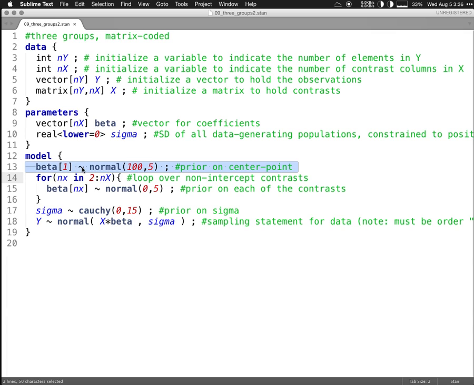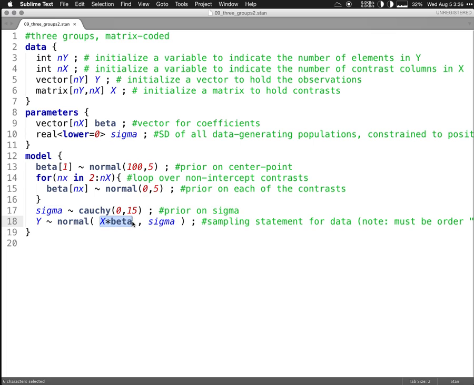I know the first element is the intercept, and I want to specify a special prior for that one, centered on 100. But for all the other columns, all the other diffs, I have this other prior that I want to apply, centered on 0. And then sigma is exactly the same as before, with a common distribution for all of them.